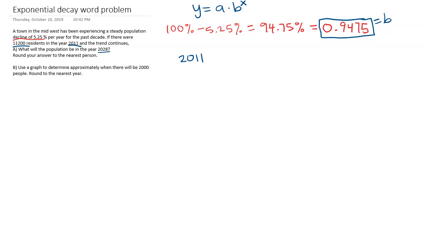And remember, whenever we're talking about our start time, that's going to be 0, right? Our start amount is 11,200 people. Right, so we've got our time in years and then the number of people.